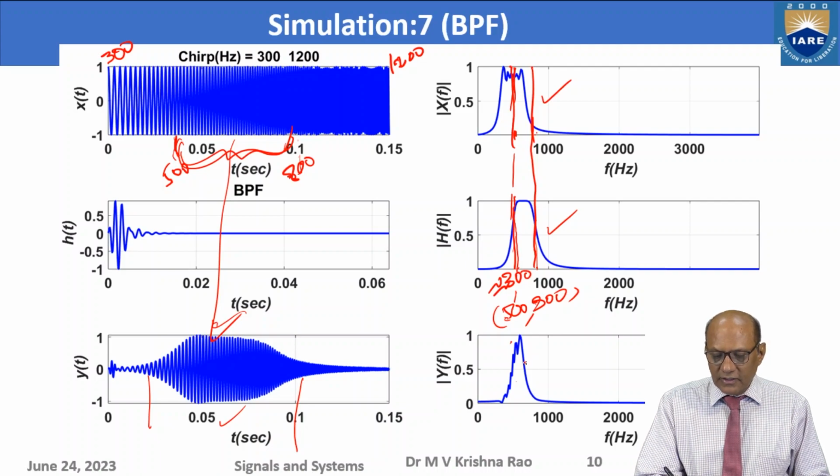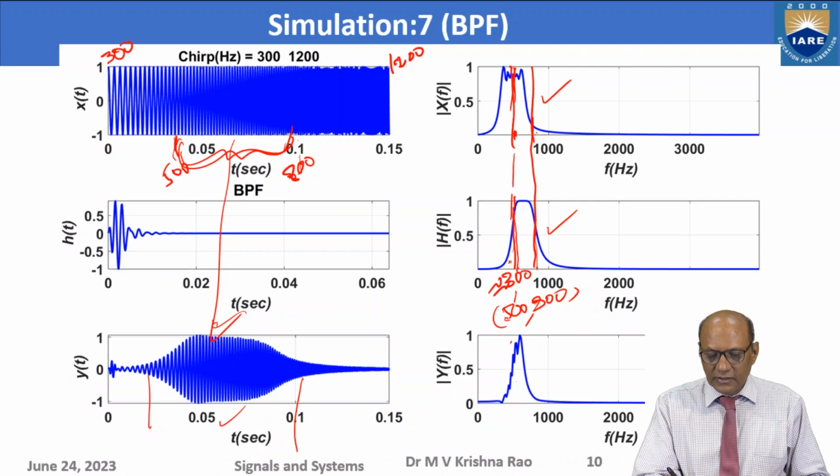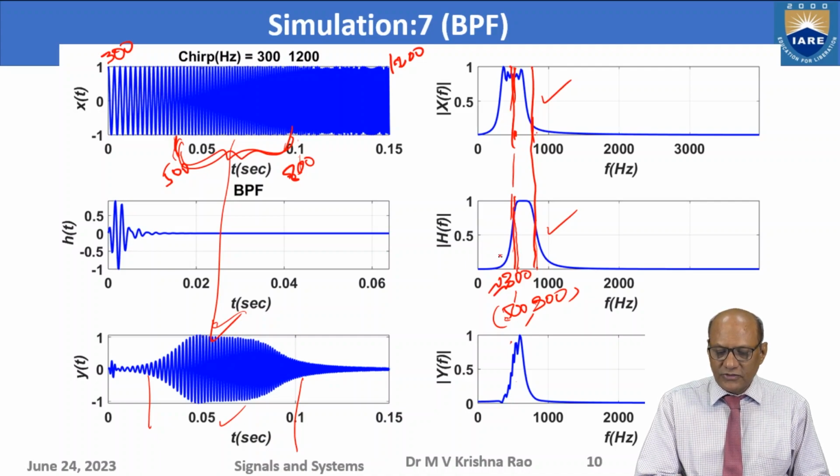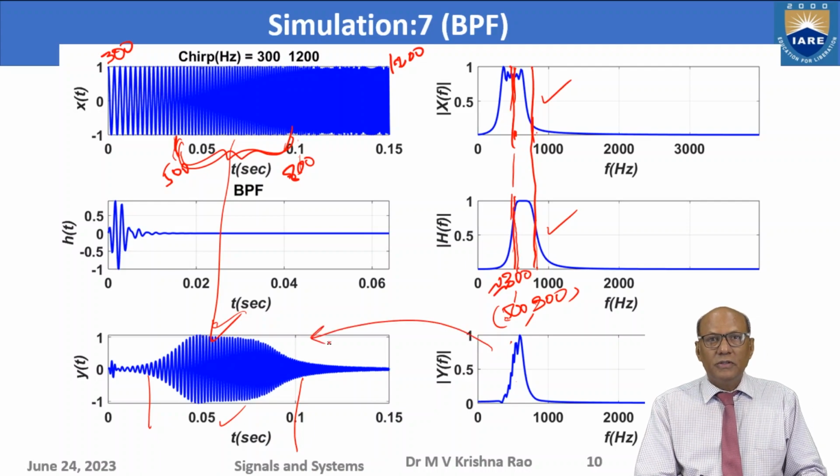This portion is within the bandwidth, while this is at the border, almost in the transition region. These are multiplied by the transitions, so it comes down. Effectively, the spectrum appears complex. It is not a simple shape, and accordingly this spectrum is equivalent to this kind of signal.